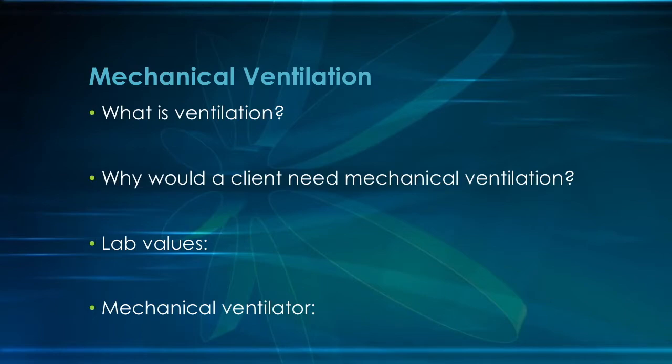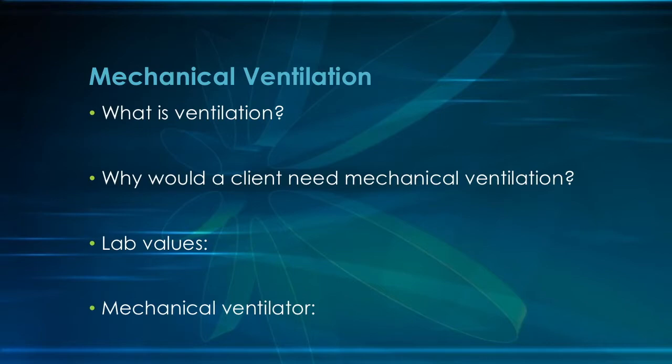Some of the lab values that we're going to be assessing as nurses are everything that goes into those ABGs. We're going to be looking for decreased PaO2, maybe increased arterial CO2, definitely looking for persistent acidosis. And then, of course, we're always going to assess our airway first.